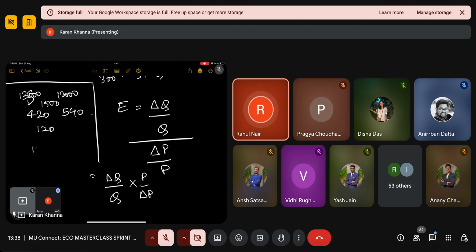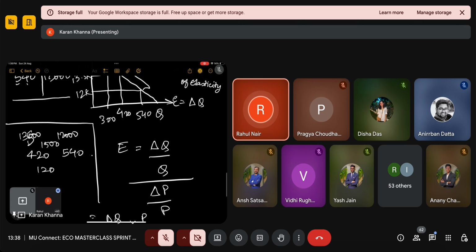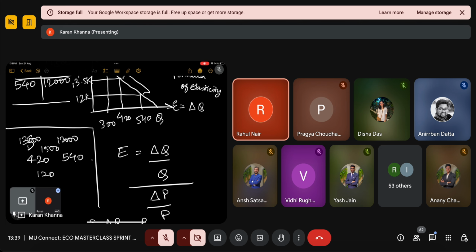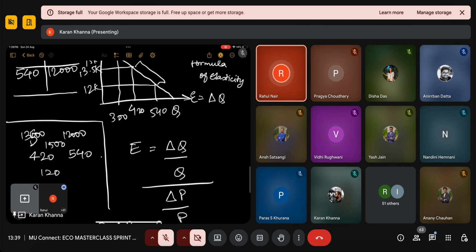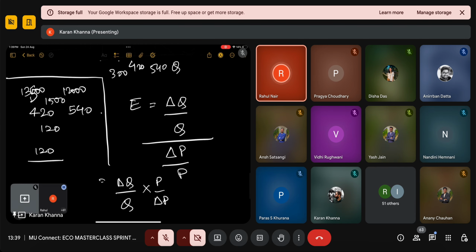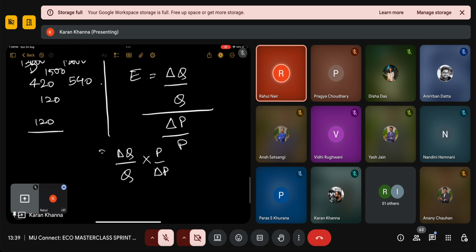So what is the percentage change in quantity over the percentage change in price? The change in quantity is 120, and the base quantity, let's take it as 420, and the base price is 13,500, because we are decreasing the price.